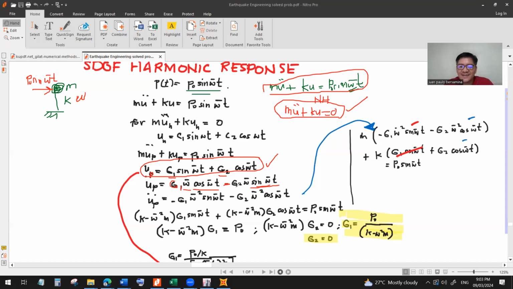Then derivative of omega bar t is omega bar. Okay, G sub 2. That's the first derivative. Okay, then finding the second derivative, u double dot, is equal to negative G1 omega bar square sine omega bar t minus G2 omega bar square cosine omega bar t.